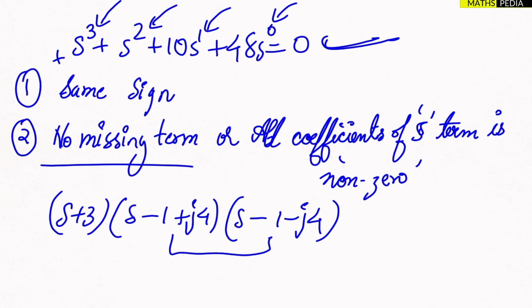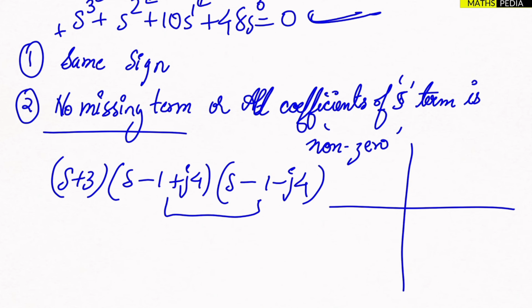So let's try to plot it on the s plane, with the j omega axis for the complex part. For s plus 3, equal to 0, you put s equal to minus 3, so it is on the left half of the s plane, and there is no problem in that. But when I see the other two terms, there are complex values.